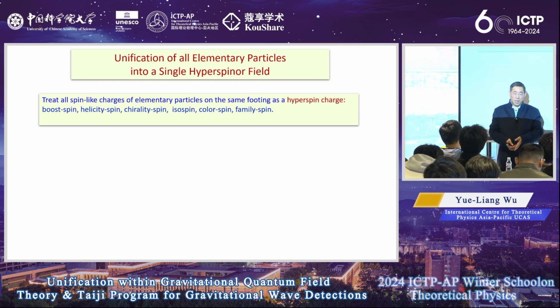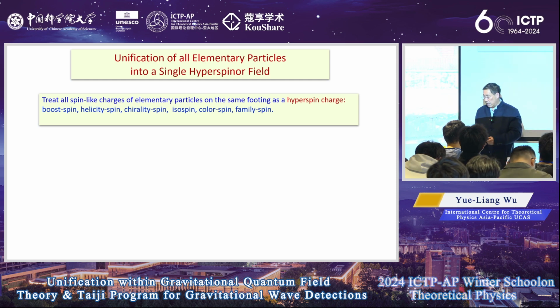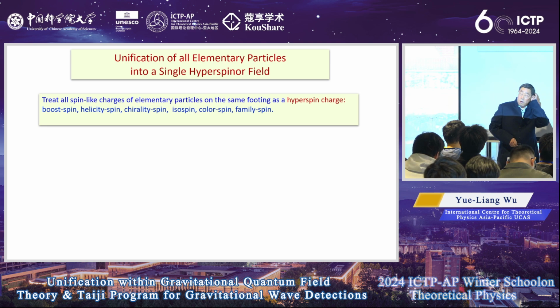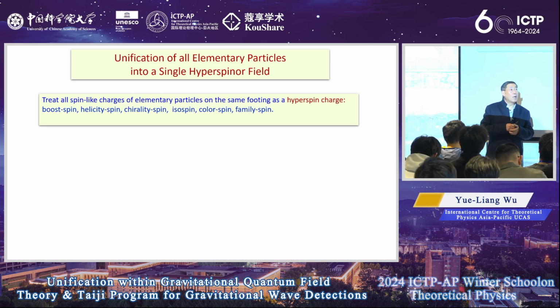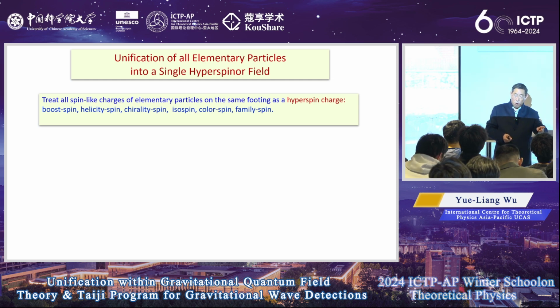Now from the standard model, we know there are 48 leptons and quarks, each with, let me say, 4 times 64, 256 independent degrees of freedom. We put them all together as a single field, and there are so many independent degrees of freedom. We ask in how many space-time dimensions they could move.